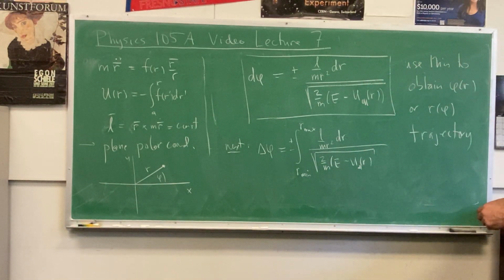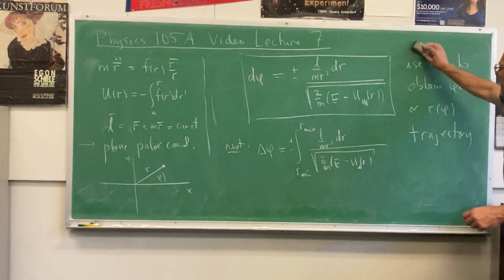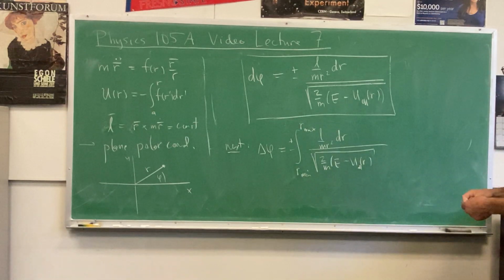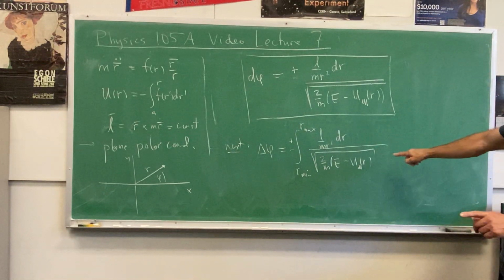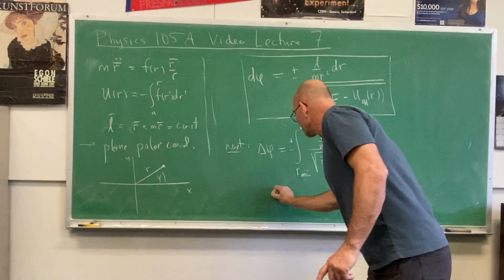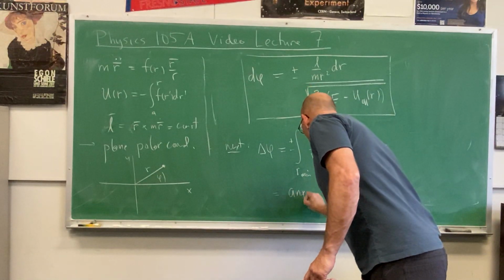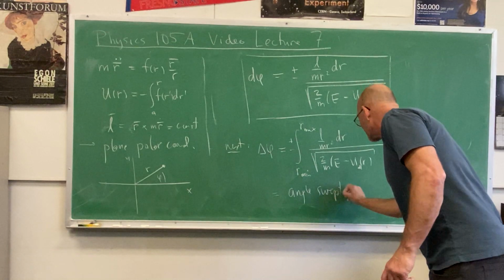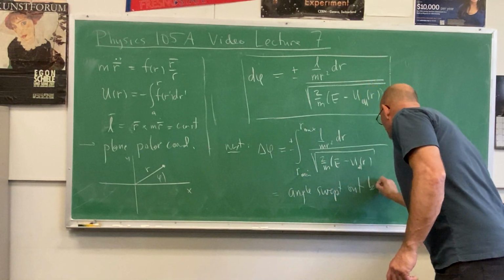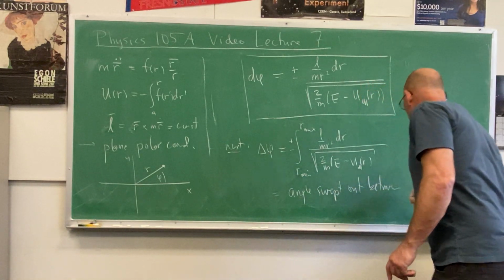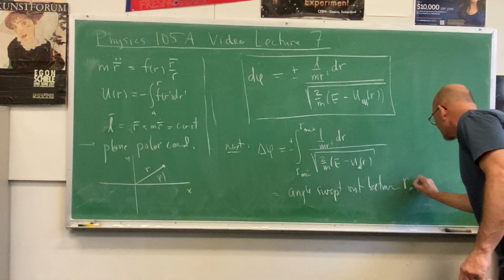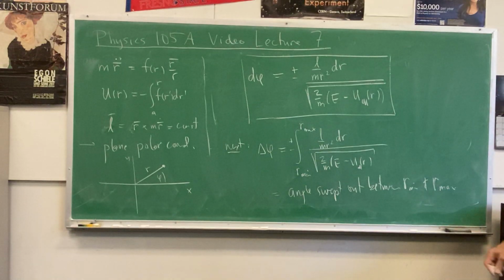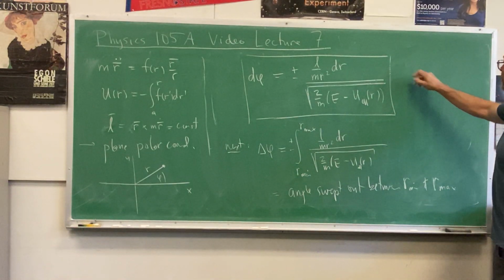So this delta phi is the angle swept out between r min and r max.